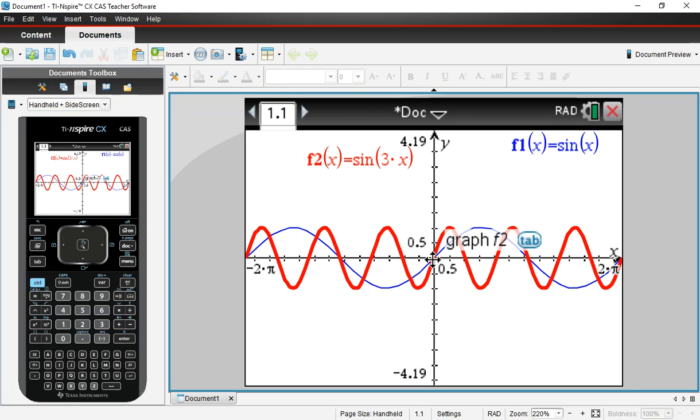While it takes 2 pi to go up, down, cross the axis, go down, come back up, for y equals sine of 3x, look at this, up, down, up. So right here where my cursor is, that's where the period for the second graph stops. That's one complete period.